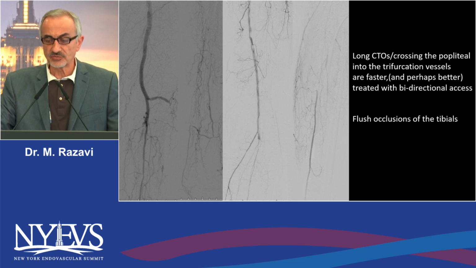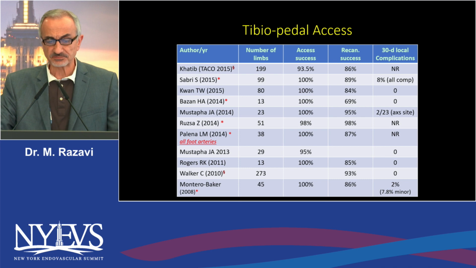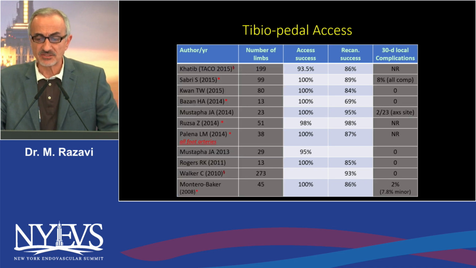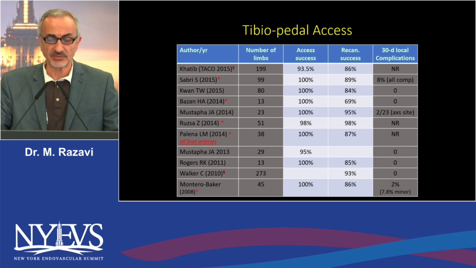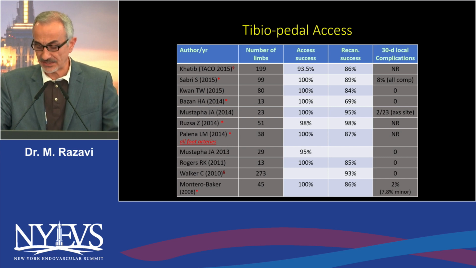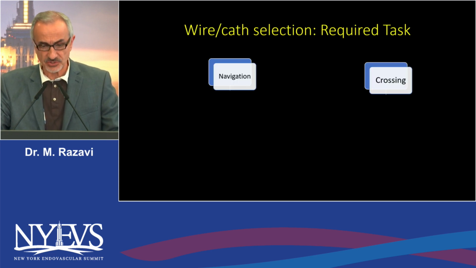Or if you have flush occlusions of the tibials. There's pretty good data on tibio-pedal access and the success rate. As you can see, the recanalization success rate improves significantly when you have tibio-pedal access in addition to antegrade access.